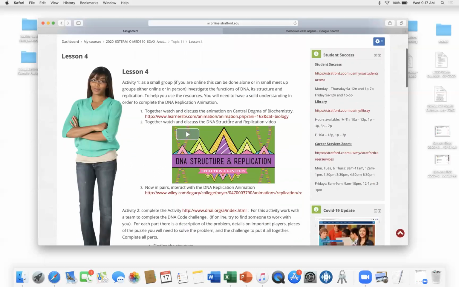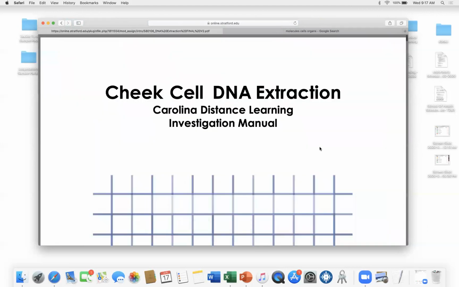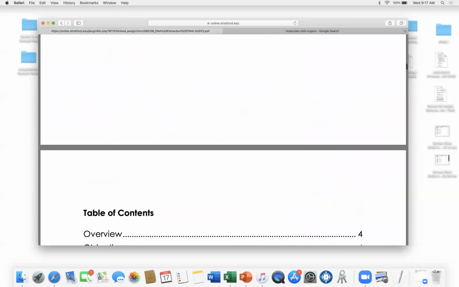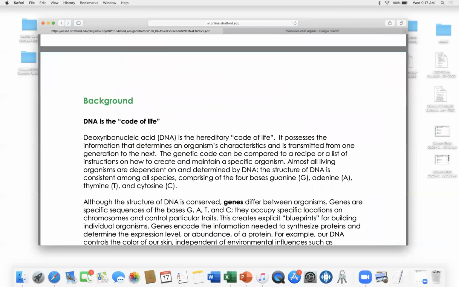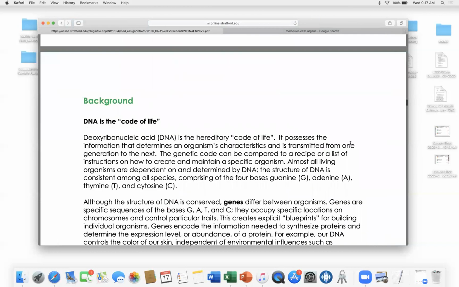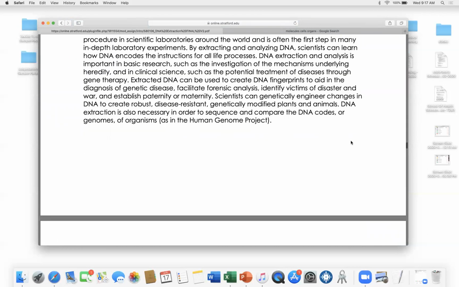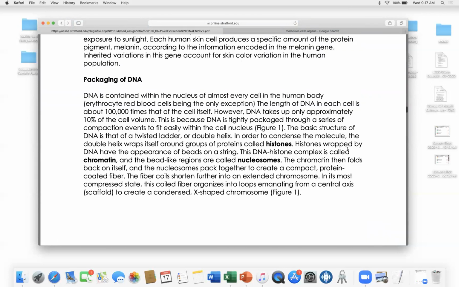Now, don't worry about these others. They're nice accessory lessons, but I think in this cell DNA lesson, there are nice notes that will supplement all the things that the video will be talking about. So if you're one of those people who likes to read, it's in here.